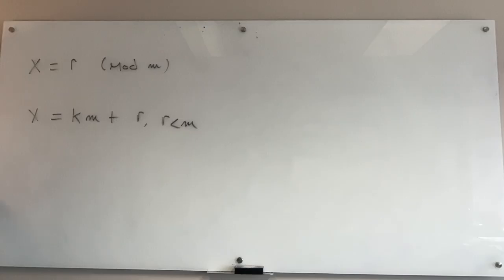This is pretty clear how you would do: you would just add m to itself as many times as you need so that if you did it again, you'd be over x, and whatever the distance is between x and that value of k times m is going to be the remainder. So x divided by m is equal to k with the remainder of r.